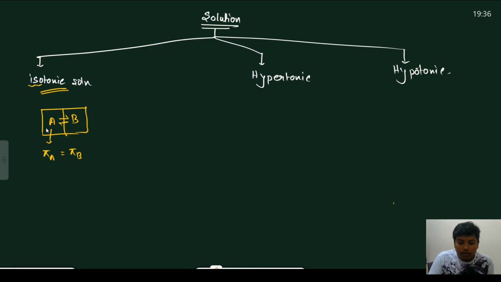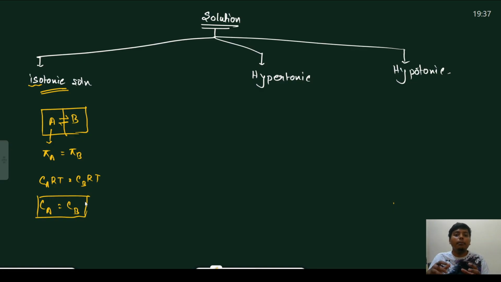Yes, sir. So that is called isotonic solution. So pi A equal to pi B. Now pi A equal to pi B means CaRT is equal to CbRT. Simply I can say that Ca is equal to Cb. Both concentrations should be the same. Clear? When osmotic pressure is the same, both concentrations are the same.